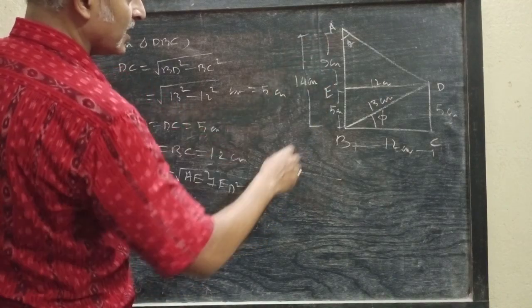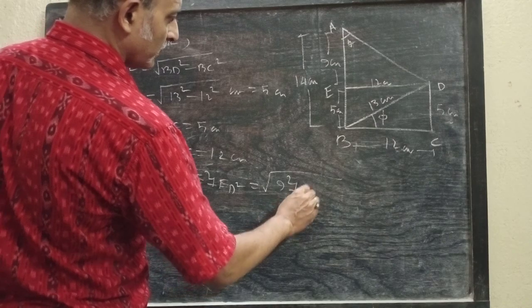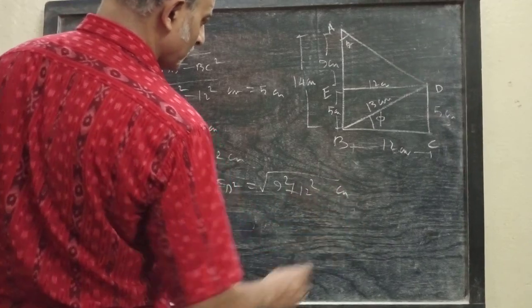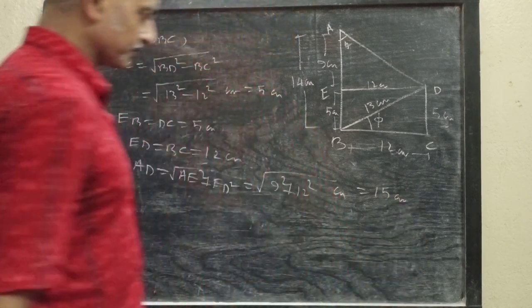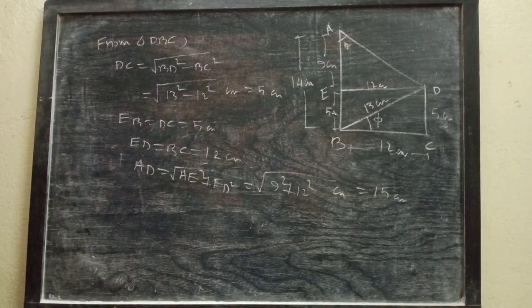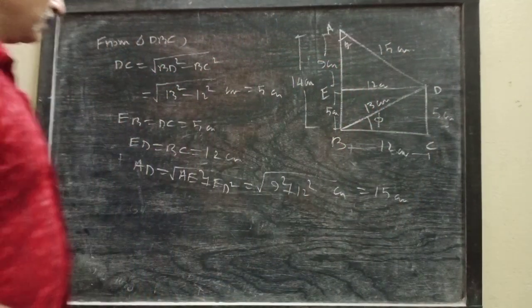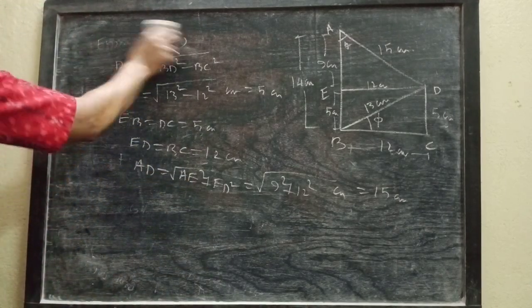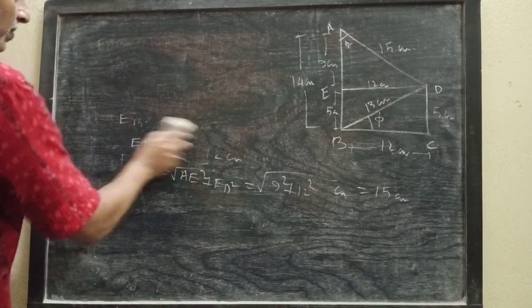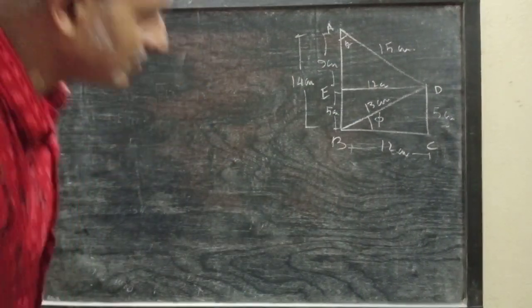AE is how much? 9. ED is 12. 9 square plus 12 square centimeter. This will be 15 centimeter. So we get AD as 15 centimeter. Here I am erasing this because all the data are shifted to my diagram.